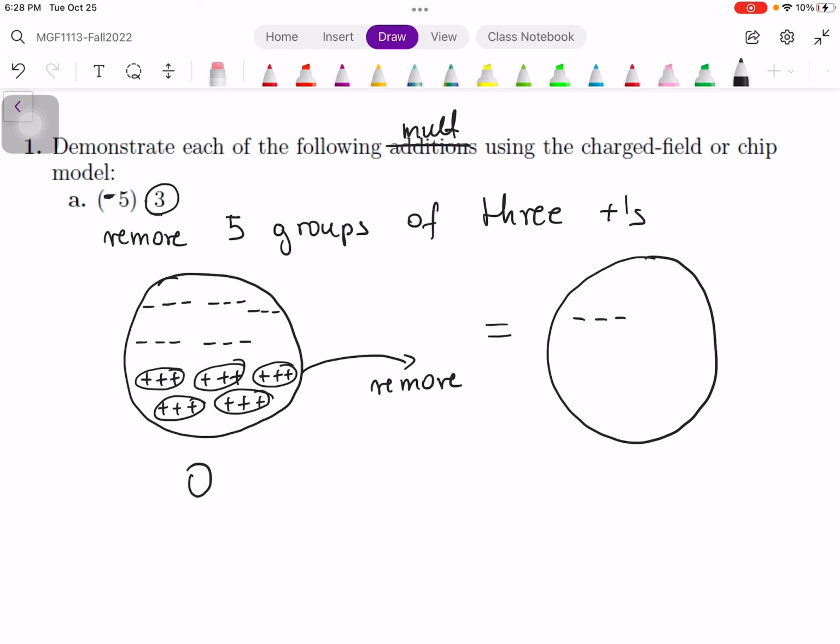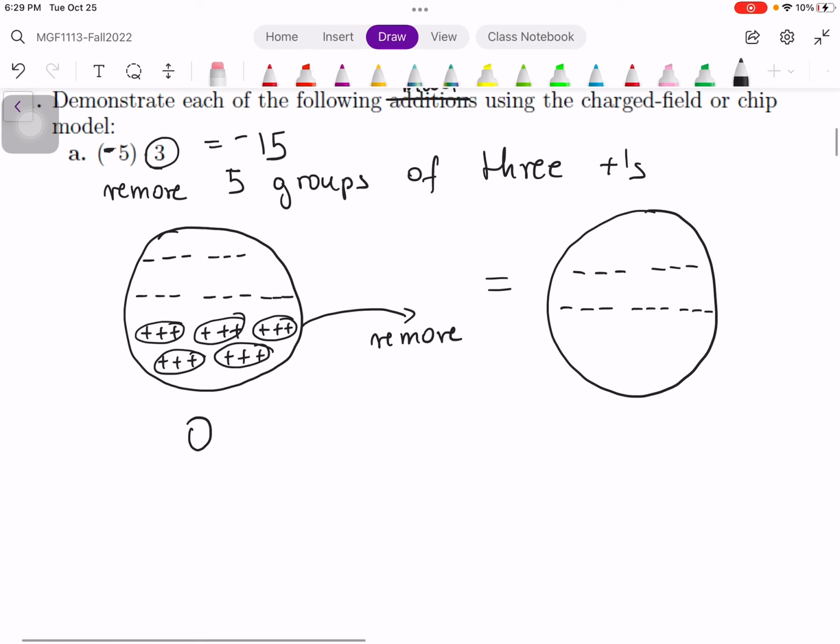I wish I had a little more room here, so let me write this group here. You're left with the minuses: 5 groups of 3 minuses, which is 15 minuses. So that's equal to negative 15.